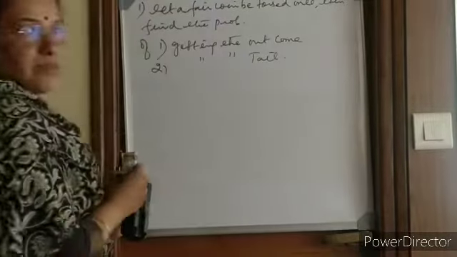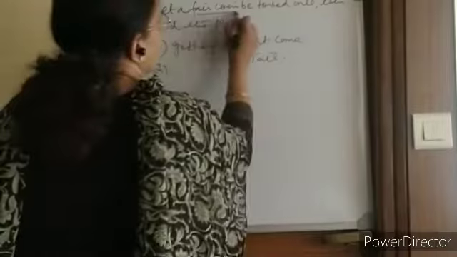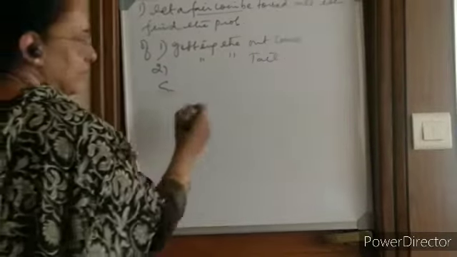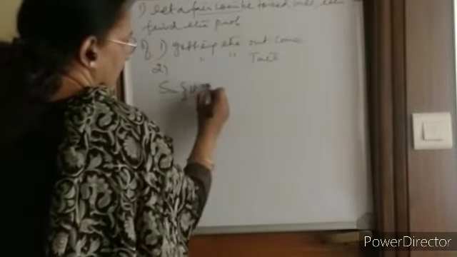Very simple problem. How many coins? Only one coin, a single coin. So first you will write the sample space. S is H comma T.